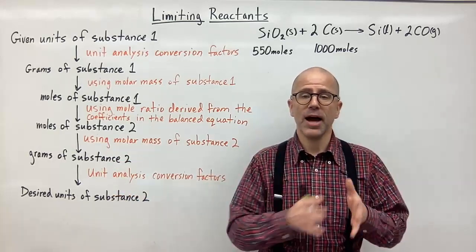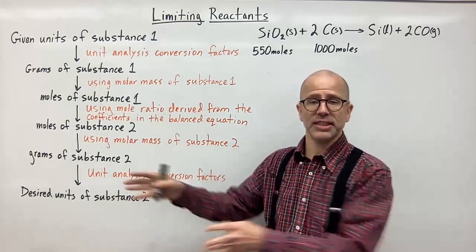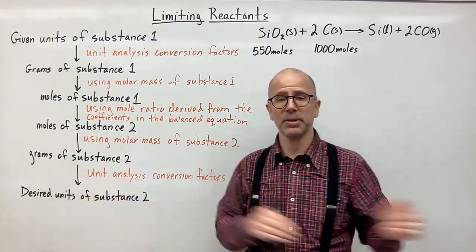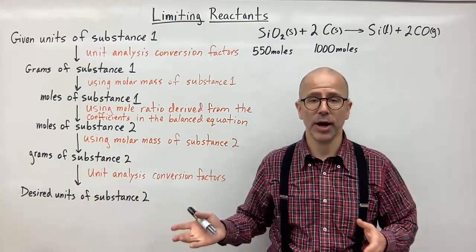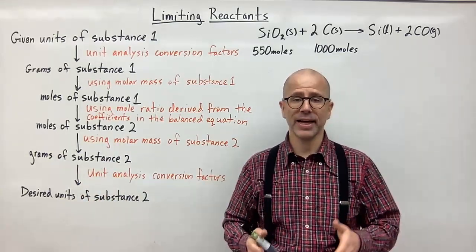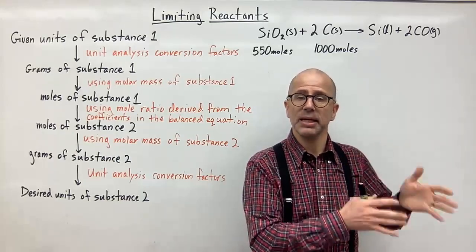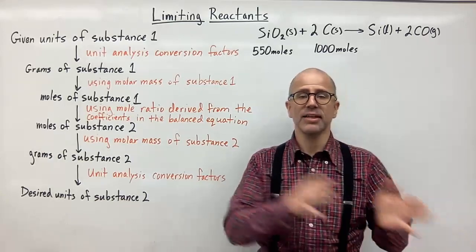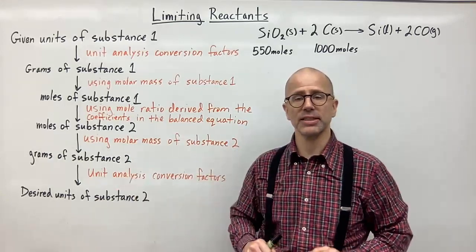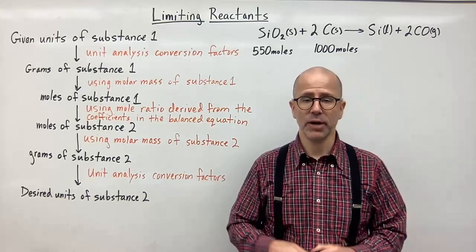So as I'm making peanut butter and jelly sandwiches, I run out of bread, but I still have peanut butter and jelly. In that case, the bread is the limiting reagent. It's the limiting factor. It limits how many peanut butter and jelly sandwiches I can make, right?